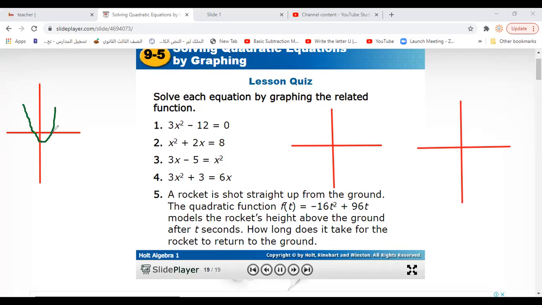If it intersects at 2 points, we have 2 solutions. If the parabola is like this, it doesn't intersect the x-axis, which means no solution, or 0 solutions.